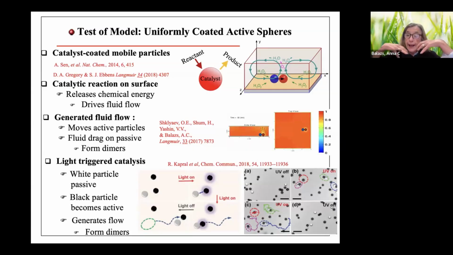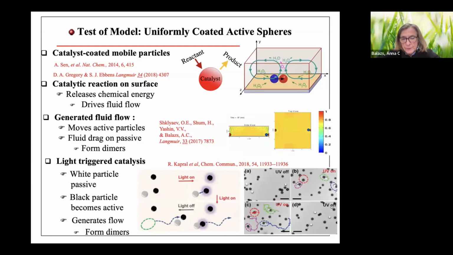That actively generates a fluid flow, but it imposes a drag on its neighbor when its neighbor is passive. So the neighbor is passive, the red one is active, and you can see they move as little dimers.